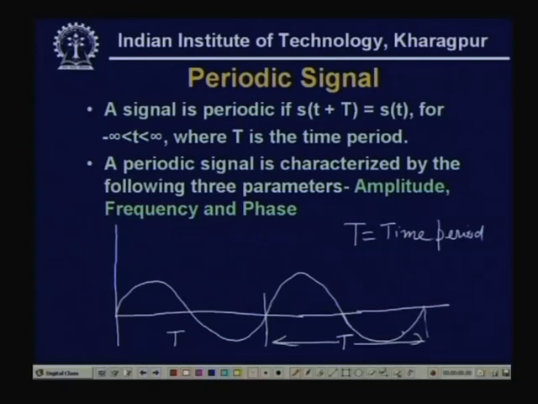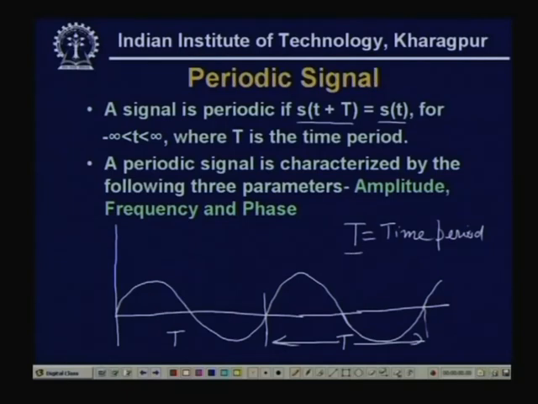Mathematically, s(t + T) is equal to s(t) for the range minus infinity to plus infinity of time. That means it started long back and it is generated continuously. Then we call it a periodic signal and it has a time period T. This capital T is the time period.